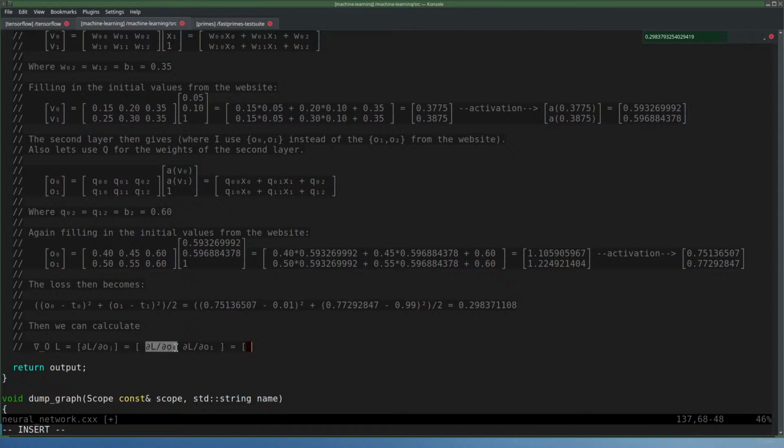Okay, now what is this? DL/DO0, where this is L, right? So that becomes this constant, so that drops out as 0, and then this 2 drops away against that one, so we get just this.